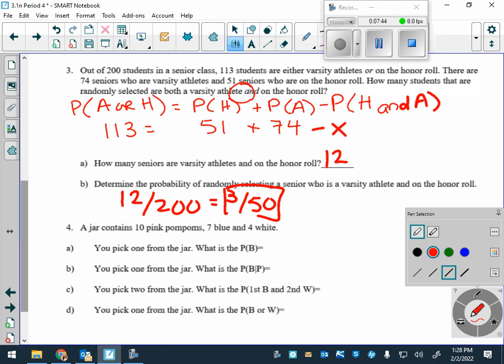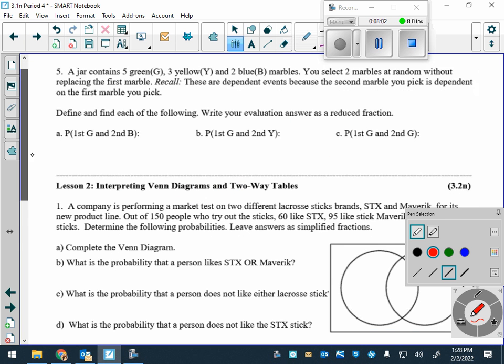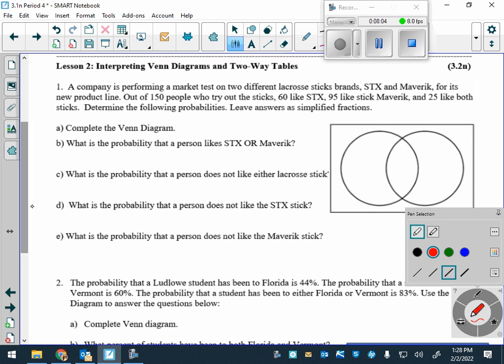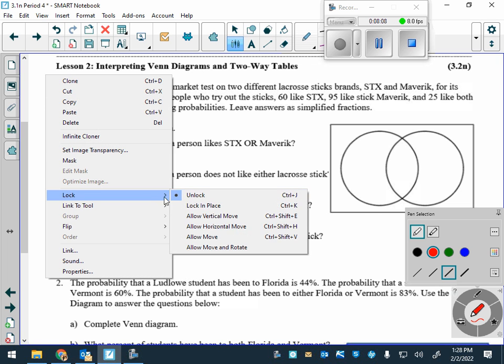Okay, so look at the difference. In A, they're looking for how many seniors just in general. But when you stick on that word probability, we automatically created a fraction. Does that make sense? Okay, let's turn to the next page. Lesson 2 in terms of Venn diagrams. Put this in place.